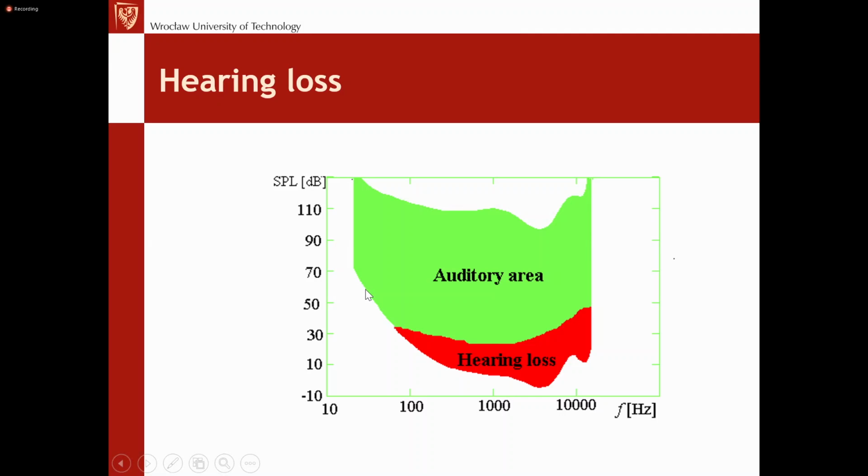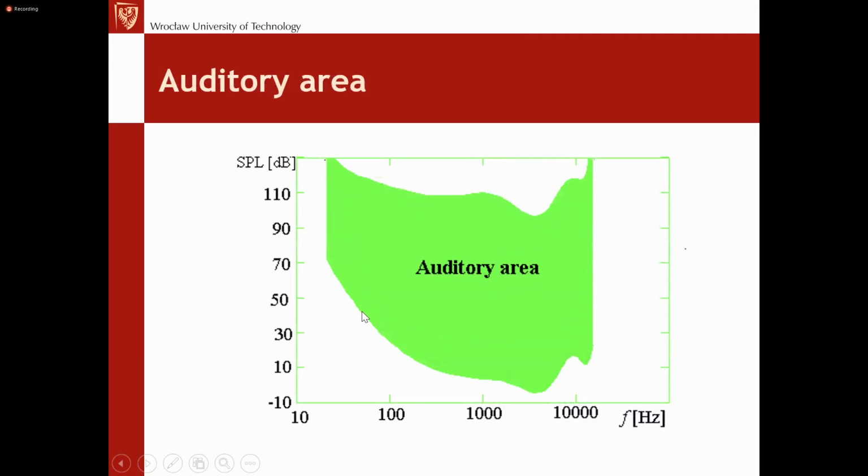Because in normal hearing we can talk about hearing threshold from 0 decibels to 70 decibels for the lowest frequencies.